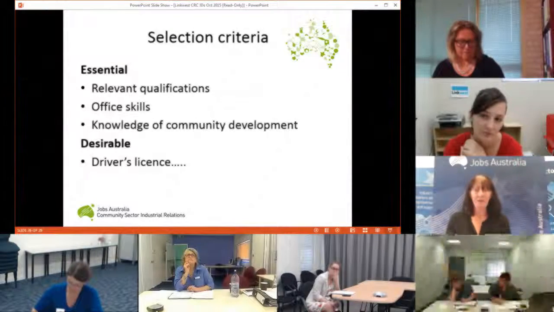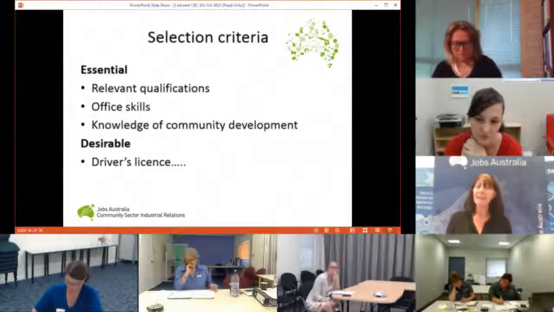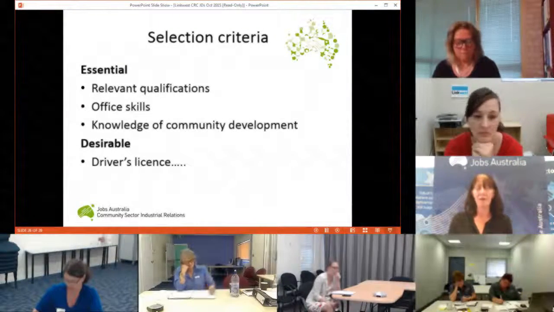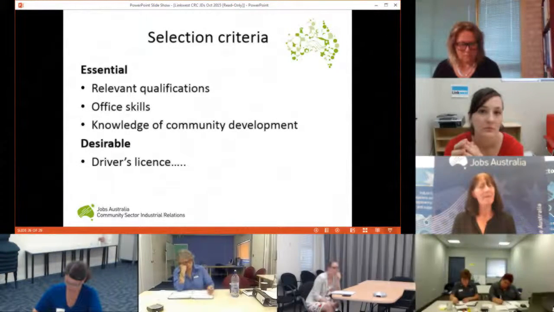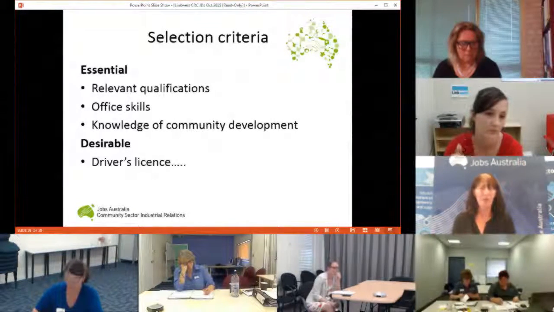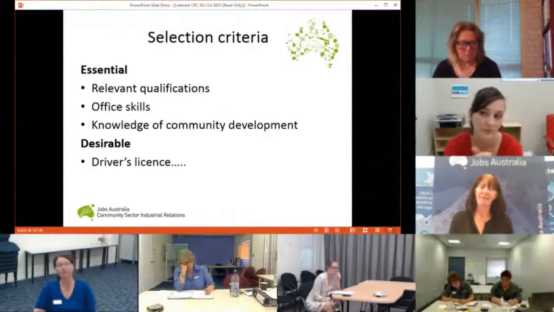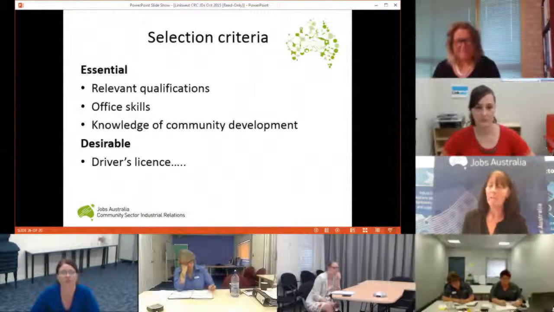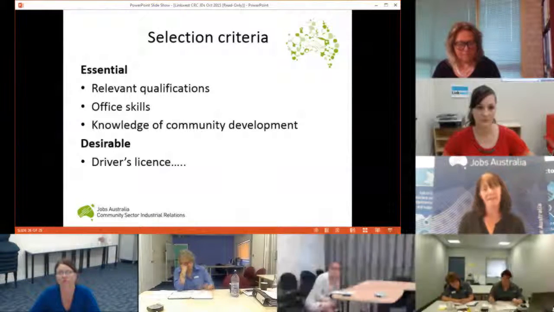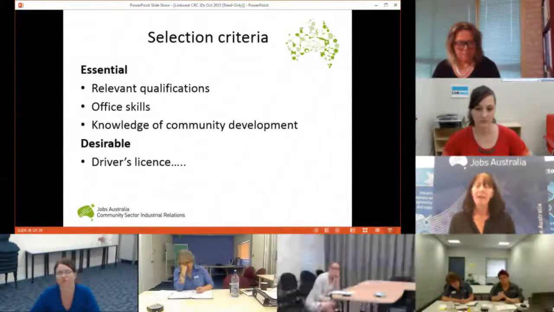So in terms of the selection criteria, you break it down to what's essential and what's desirable, and getting back to the qualifications. It might be that you want me to have a 4-year degree in community development work, but it may be, can you see the difference? It might be desirable that I have a driver's licence, or it might be desirable that I have a first aid certificate.